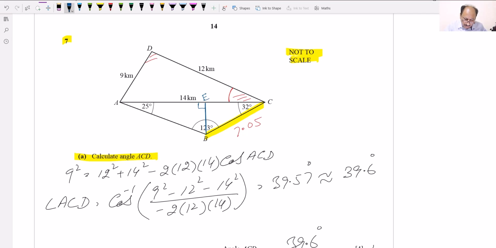So BE over BC will be sine of 32 degrees.